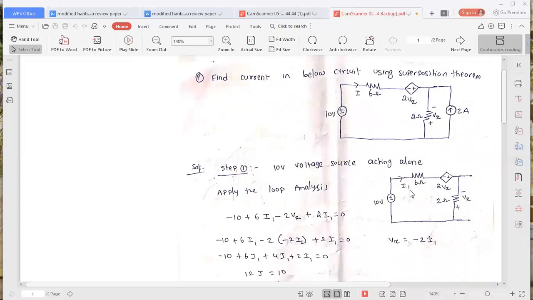For I1: minus 10 plus 6 into I1, then minus 2 into Vx, then plus 2 into I1. Wait for a while.